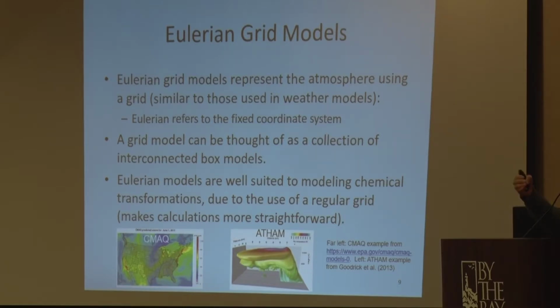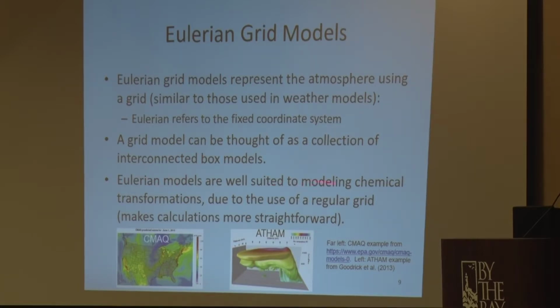Here, you're shrinking those boxes down to something on the order of 10 or 20 kilometers on a side, maybe 100 meters deep. As smoke enters a box, it moves between these interconnected boxes. They all communicate with each other. That's what these grid cells are. A grid model can be thought of as an interconnected box model.